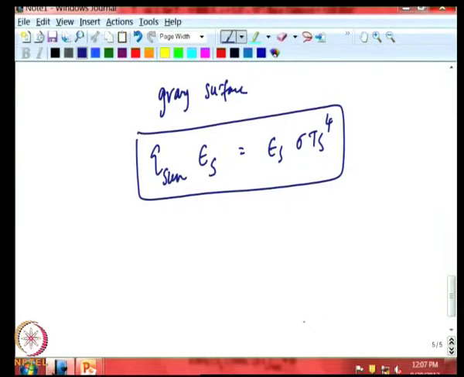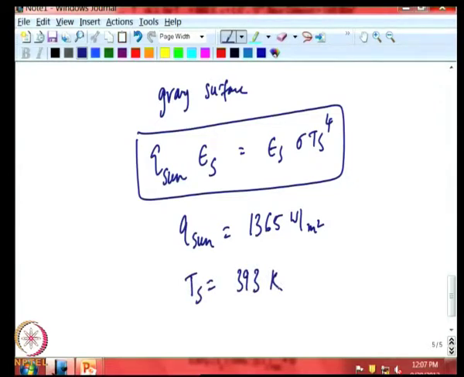So, you can solve this equation very easily, and you get that for q sun of 1365 watts per meter squared, you will get T s is 393 degrees Kelvin. Okay. So, this is a solution when emissivity is not a function of wavelength.